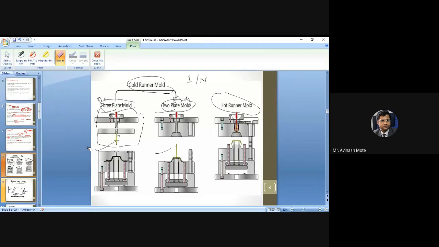Everything is designed or manufactured with respect to some particular application. The product where I am using a two plate mold, in that case the three plate mold will show some deficiencies. And the product for which I am specifically using a three plate mold, in that case the two plate mold will show some deficiencies.